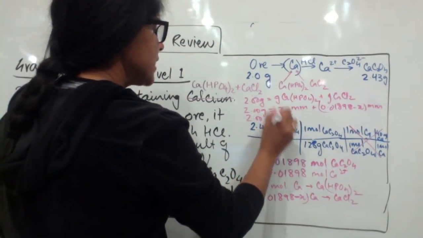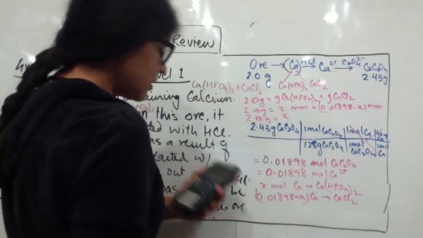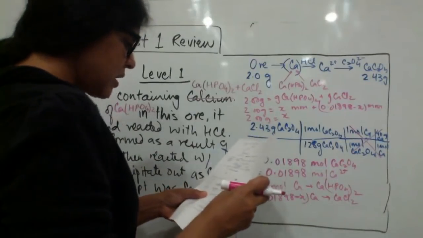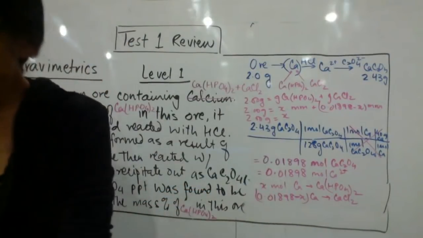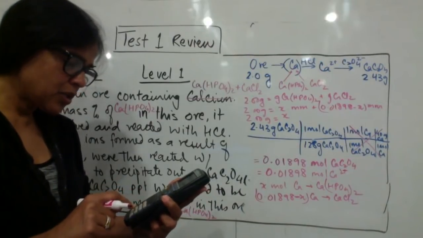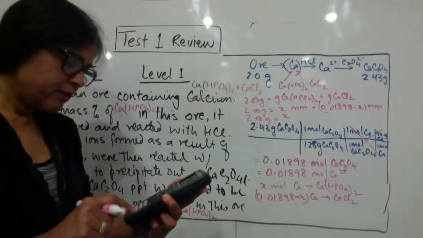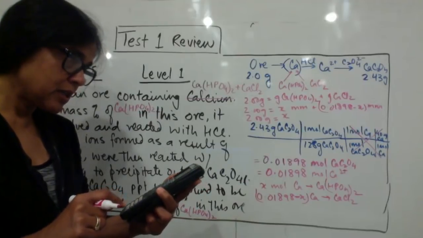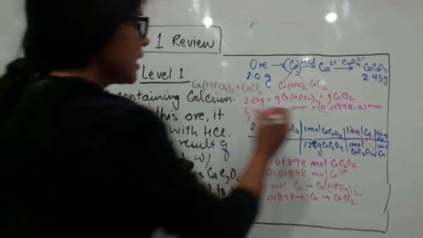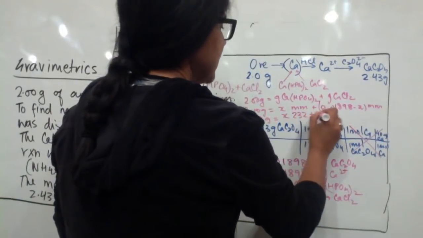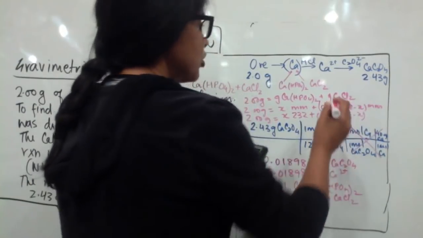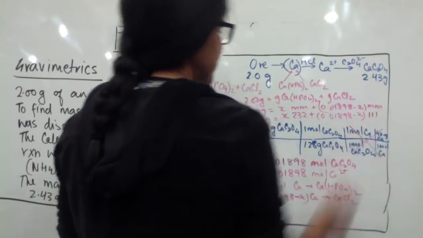So 2 grams is X times molar mass of calcium hydrogen phosphate. So it'll be 40 plus 2 plus 31 times 2 plus 64 plus 64. I think it's 232. Yes. 232 plus 0.01898 minus X times the molar mass of this, which is 111. Okay.